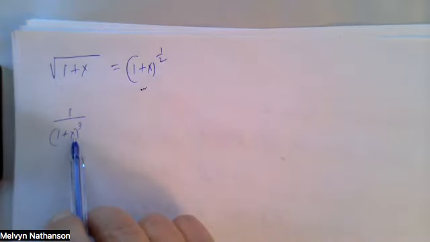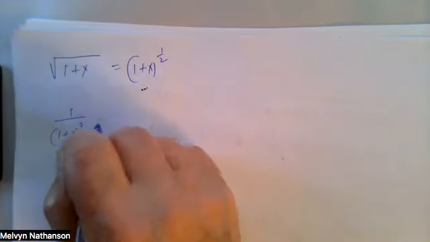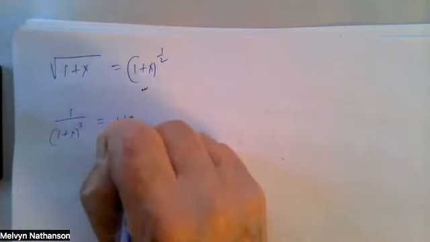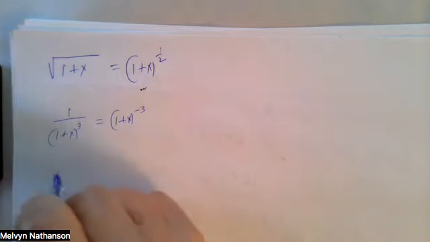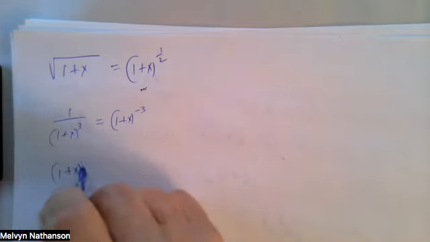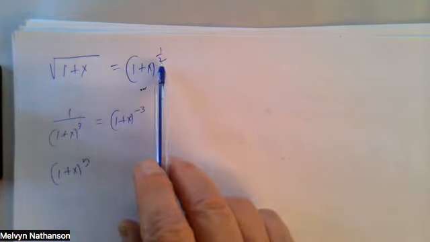You can expand 1 plus x cubed, you get 1 over that, but for an expansion of 1 over 1 plus x cubed, you can write this as 1 plus x to the exponent -3. So in both of these cases, this is really of the same form, 1 plus x to the n, but now here n was always a positive integer. Here it could be a fraction or a negative number.